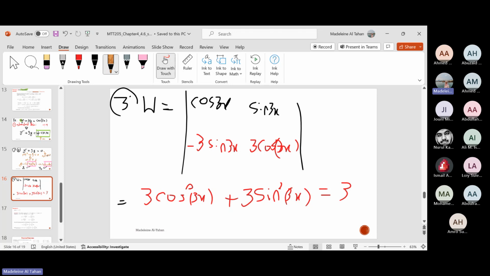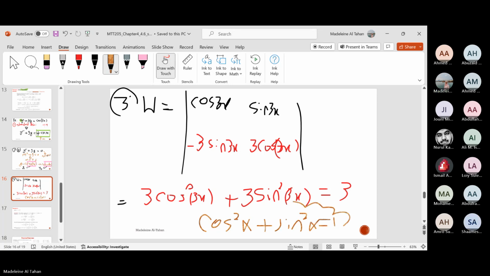We can take 3 in common, and sine squared alpha plus cosine squared alpha is equal to 1. Right, miss? We found this one before in section 4.1. Any questions, miss, before we proceed? No. Okay.